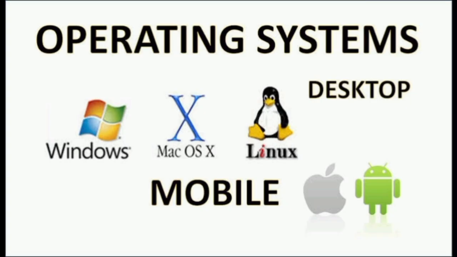The common operating systems that we have are Windows, macOS, Linux, Chrome OS, Android, and iOS. Windows and Mac were kind of the earliest forms of operating systems. Windows is closed source.